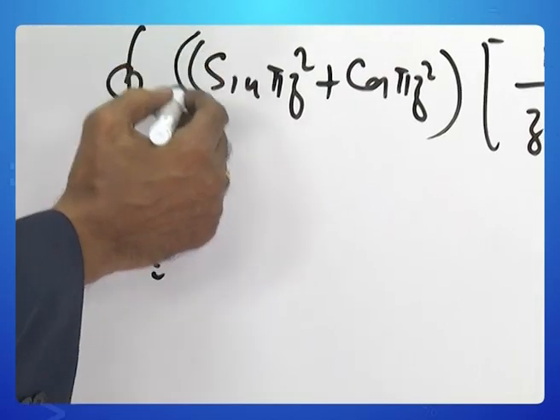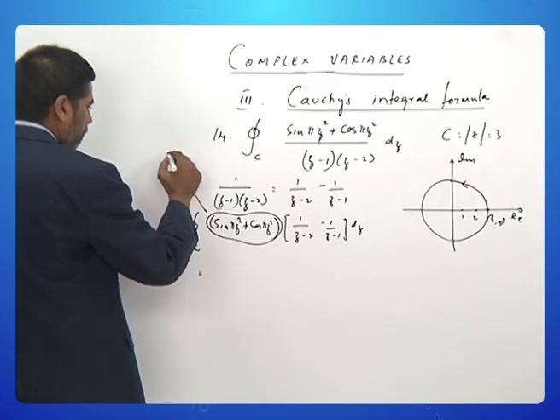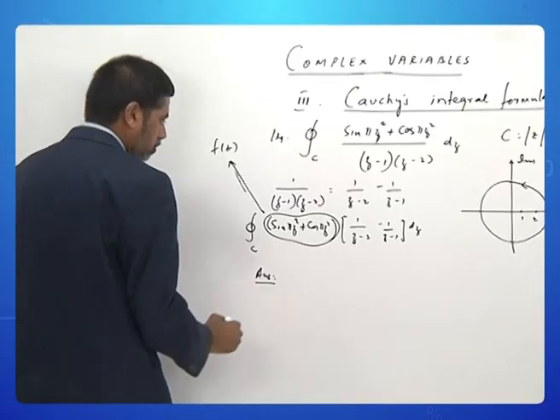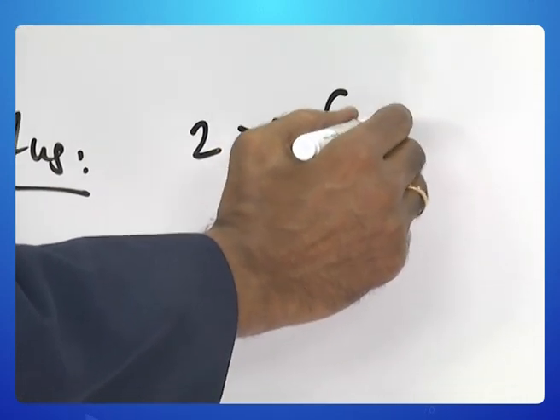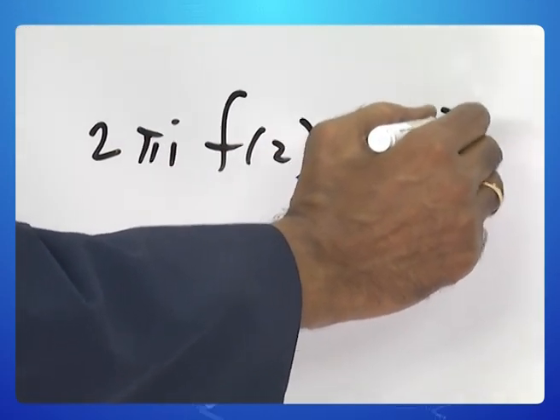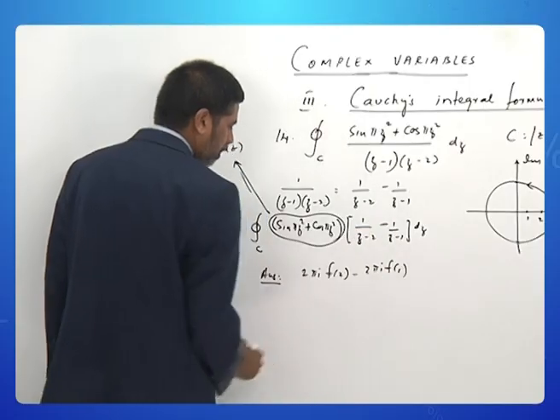So, if you take this numerator as f of z, the output can be arrived using the formula 2 pi i f of 2 minus 2 pi i f of 1. The minus is because of this minus.